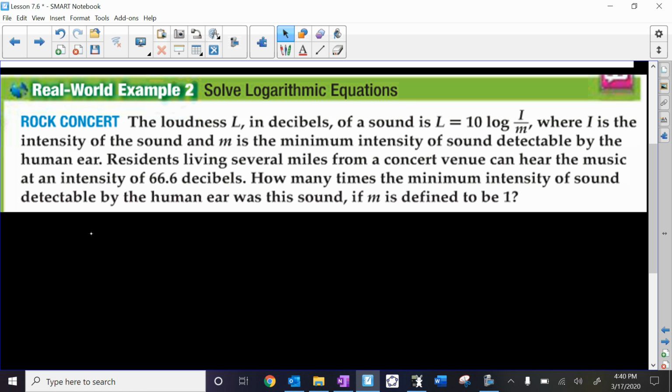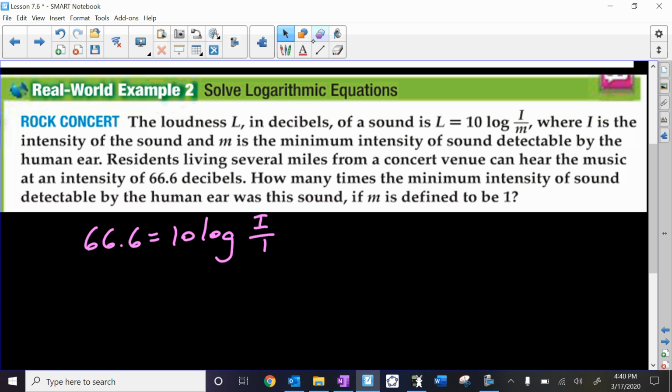That's L. So we're going to say 66.6 equals 10 log of, and then it goes on to say how many times the minimum intensity of a sound detectable by the human ear was this sound if M is defined to be 1. So then I just have I over 1, and they want us to solve for I.